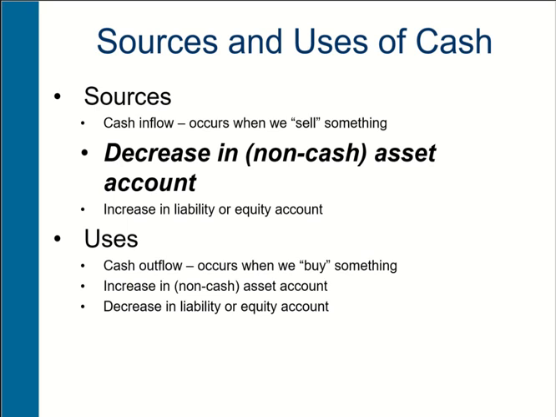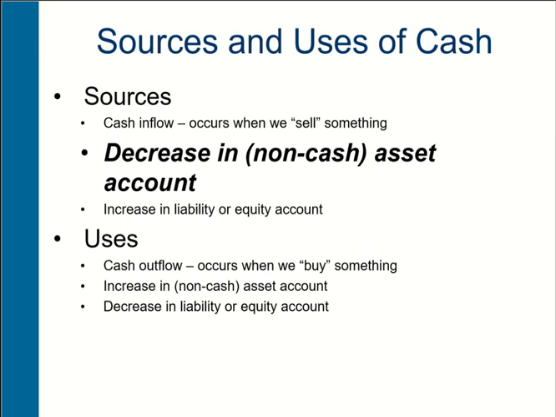This would be true for any type of decrease to an asset account that would be recorded as an expense. So another example might be amortization, which decreases intangible assets, perhaps a bad debt write-off or allowance for doubtful accounts. That would decrease our accounts receivable. If we were to write down any of our inventory due to loss and theft or just decrease in value, those would all be decreases in our non-cash asset accounts, and yet they wouldn't be sources of cash.